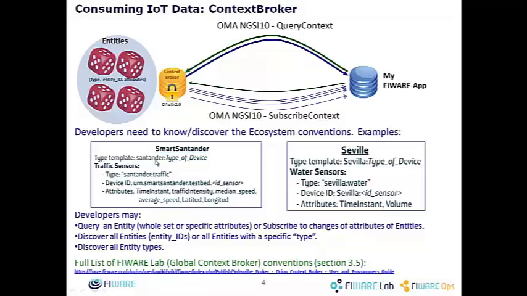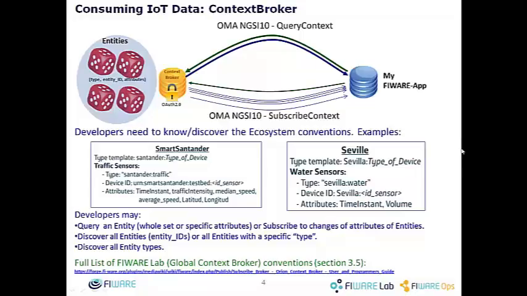For example, in Smart Santander, you have all the types of sensors that are connected, and you need to know the conventions about the naming of the sensors there. So, for example, here are a few examples for Santander and Seville. If you don't know the ecosystem conventions, you can always just discover them.